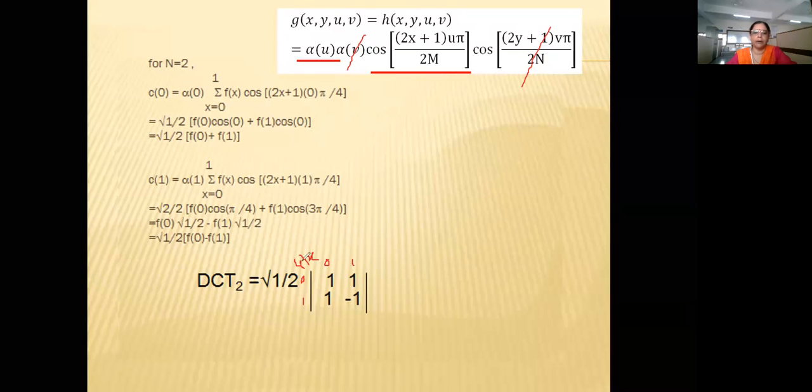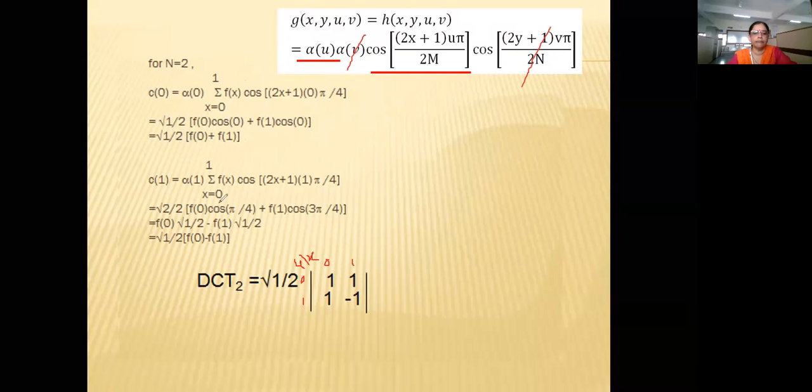So when u is 0, there are two samples x0, x1. Corresponding to that, we have two values f0, f1, and the scaling factor for f0 as well as f1 is root 1 by 2. So here we will get root 1 by 2, root 1 by 2.